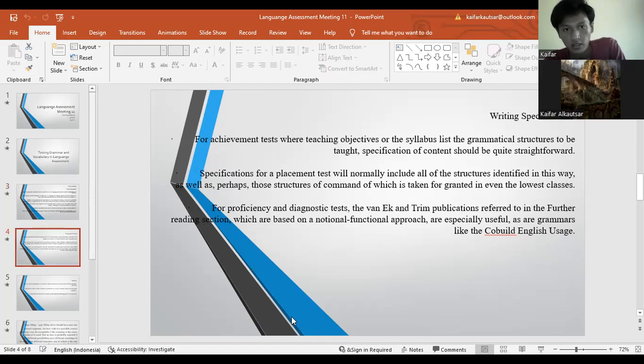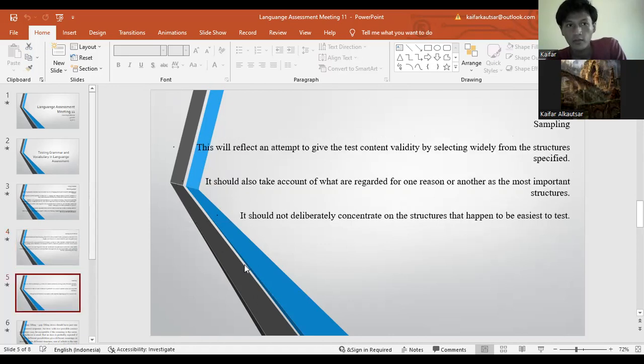For proficiency and diagnostic tests, the Van Ek and Trim publications referred to in the further reading section, which are based on a notional functional approach, are especially useful, as are grammars like the Practical English Usage.